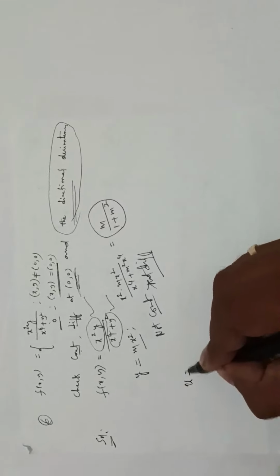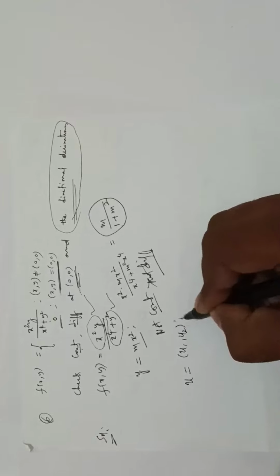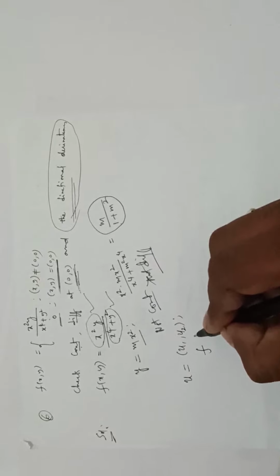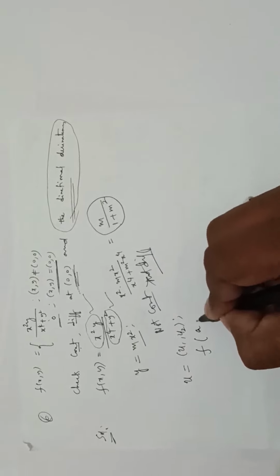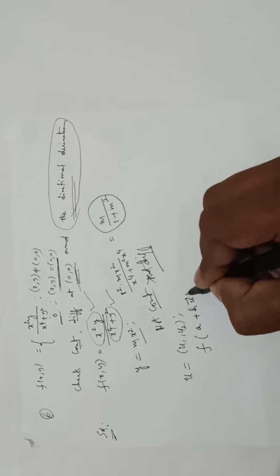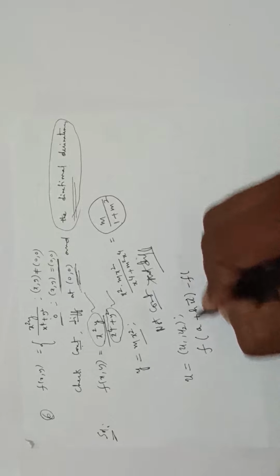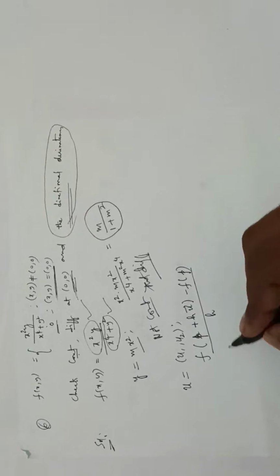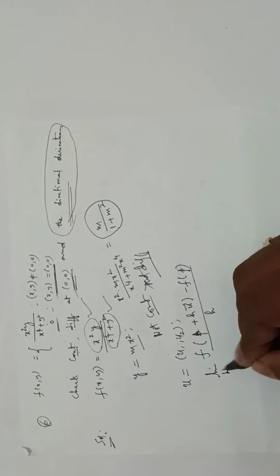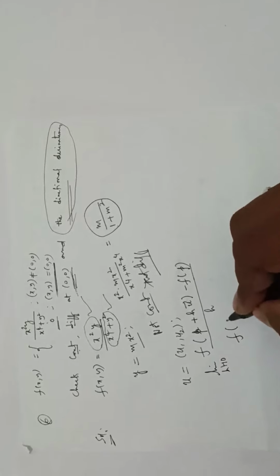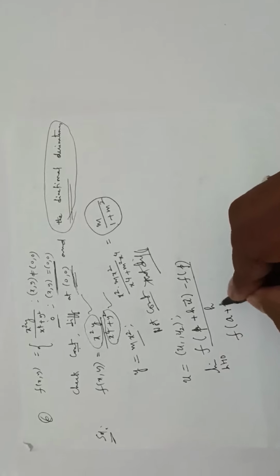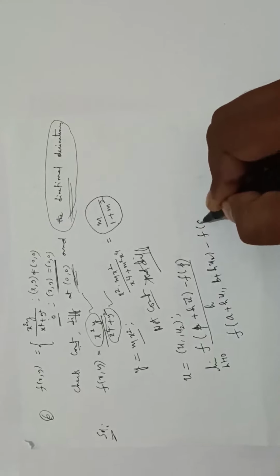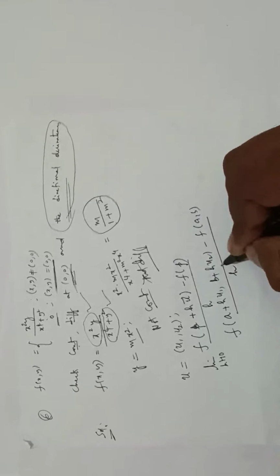Let me consider the vector to be u1 and u2, and we know the directional derivative at the given point a comma b is the limit as h tending to 0 of f of a plus h u1, b plus h u2 minus f of a comma b, by h.